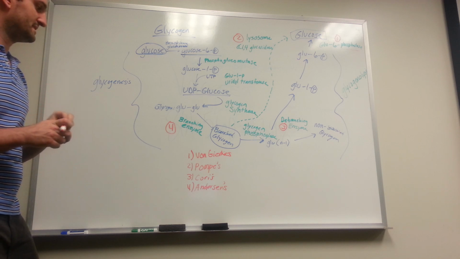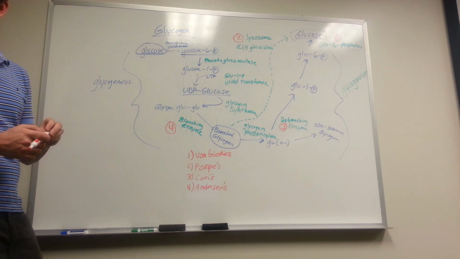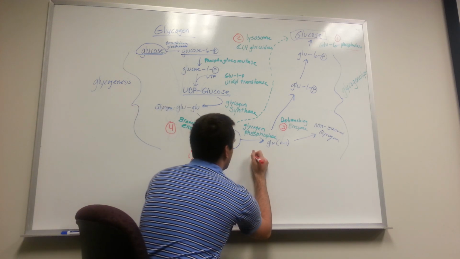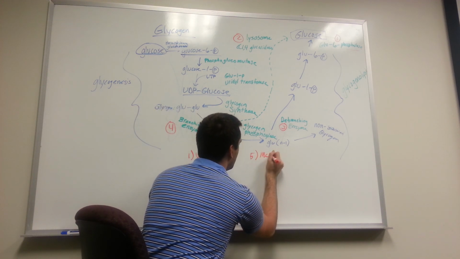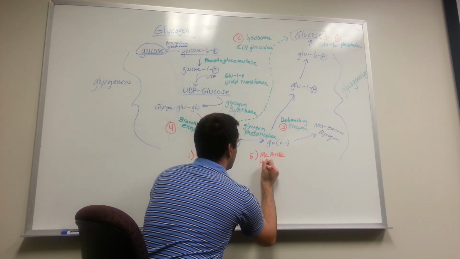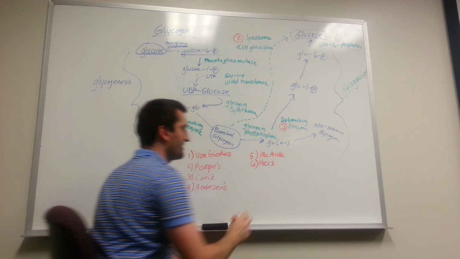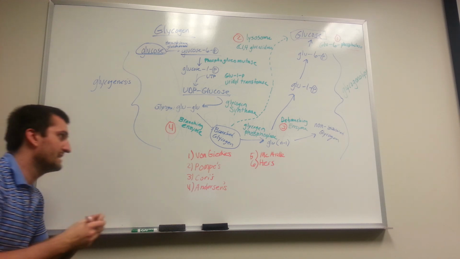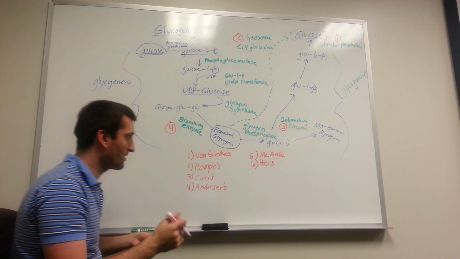Type 5 and type 6 kind of go together. So you have McArdle's and Hers. I'm going to write them close together because they are pretty much the same thing. You have McArdle disease and you have Hers disease. So what's so different about it? Well, we're both going to be dealing with this enzyme, glycogen phosphorylase.